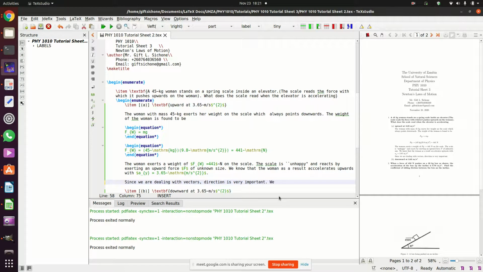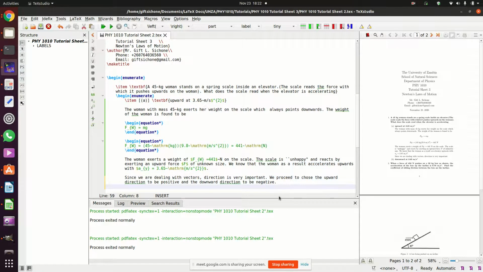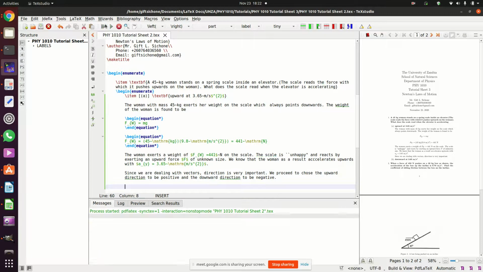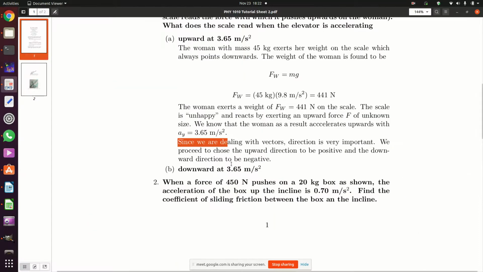We proceed to choose the upward direction to be positive, and the downward direction to be negative. So that bit has to be done. So we choose directions. Which direction is going to be positive? Which one is going to be negative?